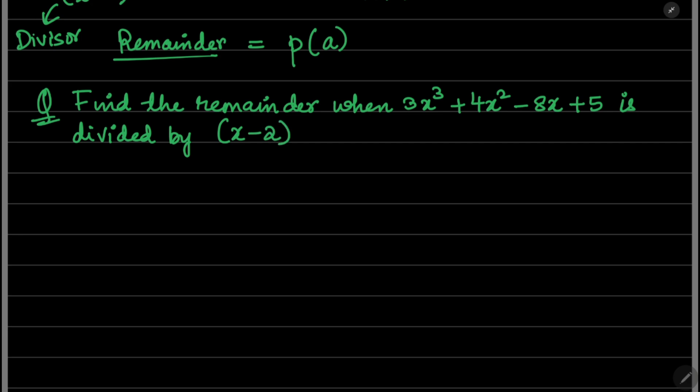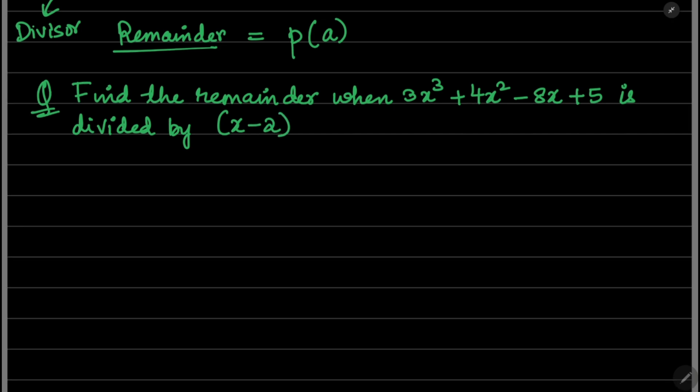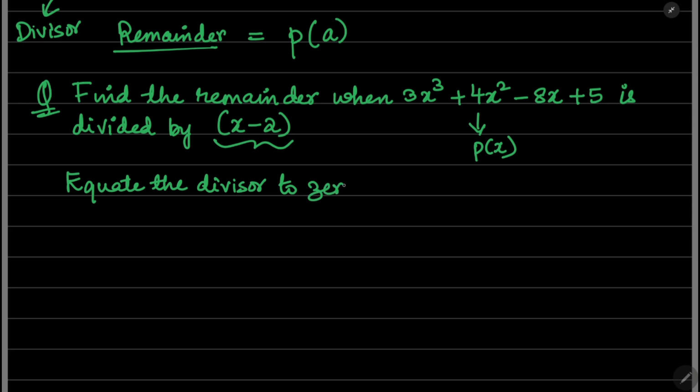So this is your p of x, divided by x minus 2. The very first thing that you have to do is equate the divisor to 0 and find the variable value.